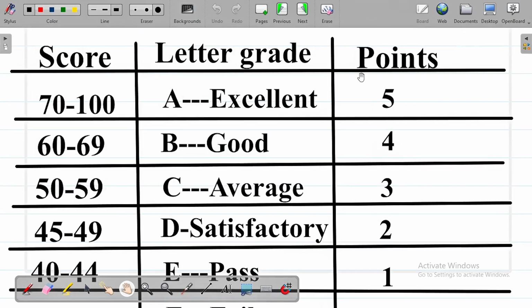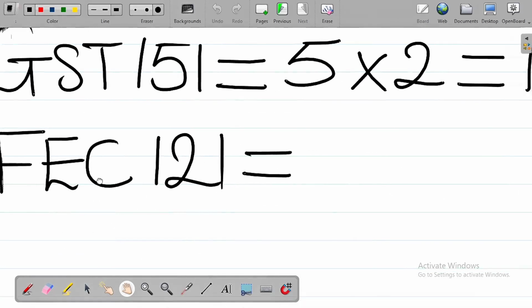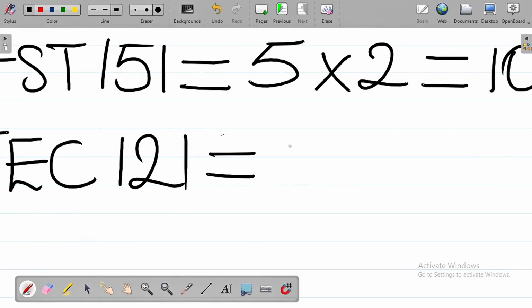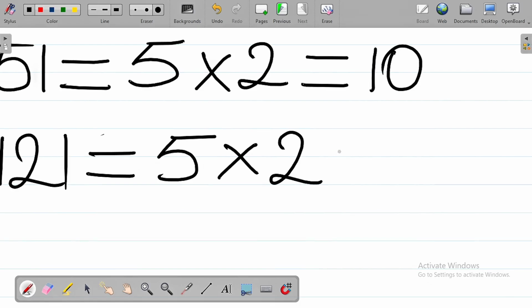A is 5 points. So we have 5 points multiplied by the unit, which is 2. So 5 multiplied by 2 gives us 10.